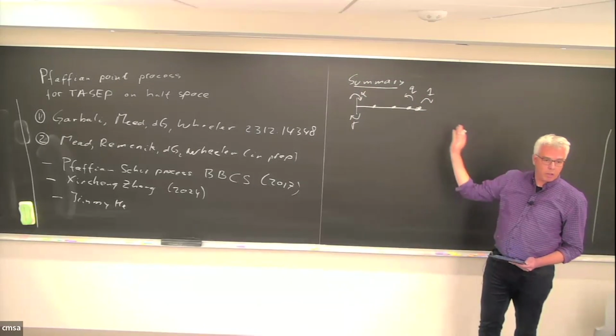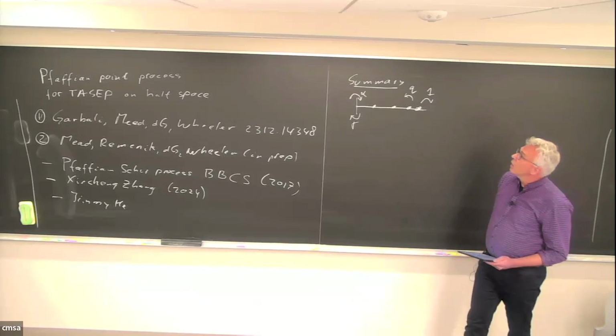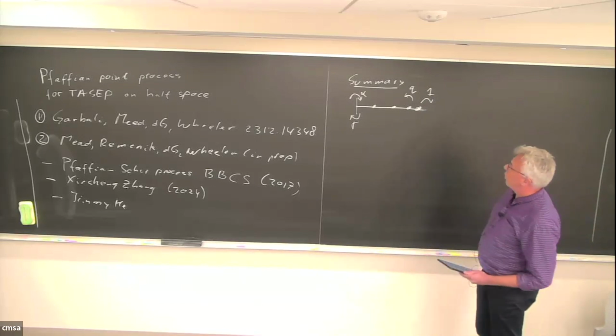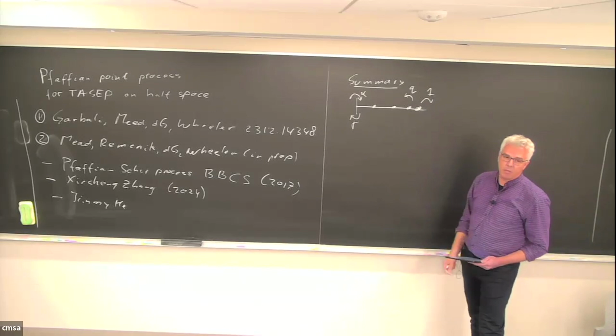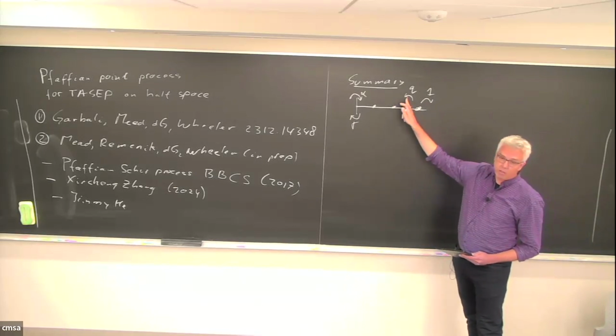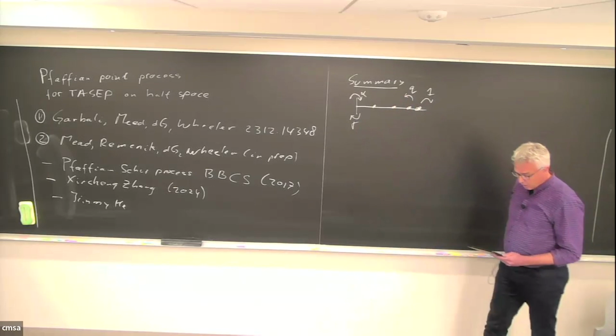So this is what I call half space, and you should think of this as infinitely extended. So this is TASEP. More generally, I'll be focusing in lectures 2 and 3 mostly on the case q equals 0 and gamma equals 0.